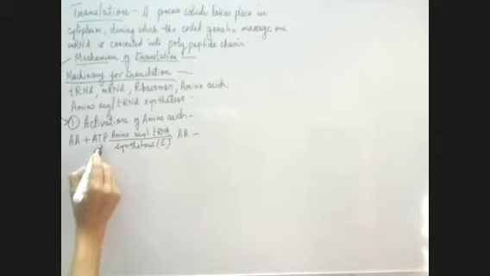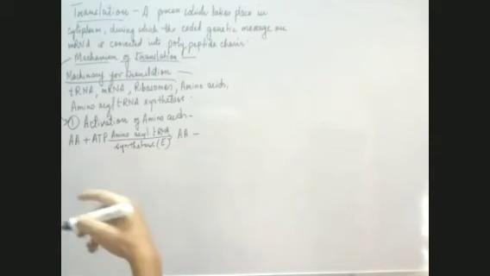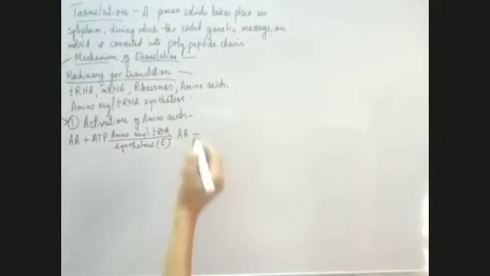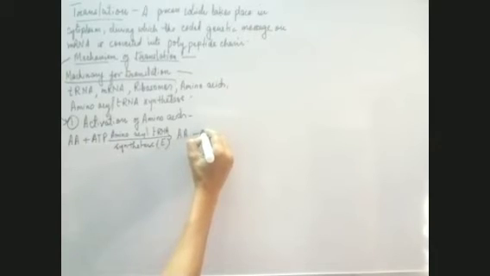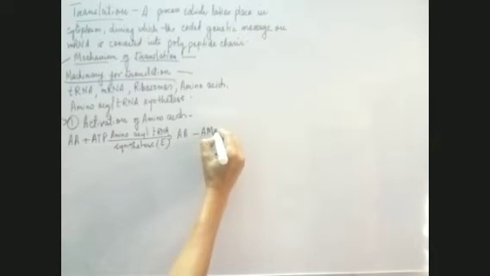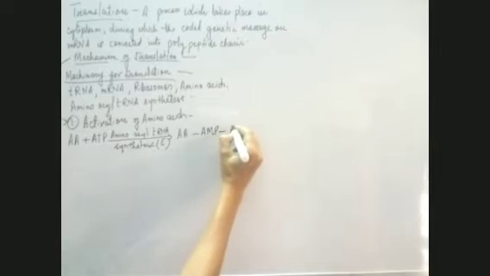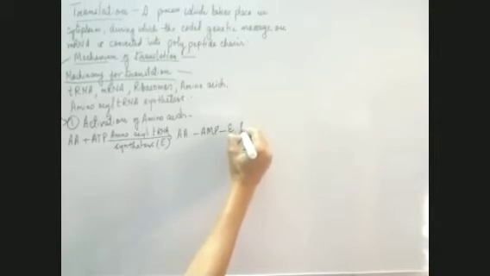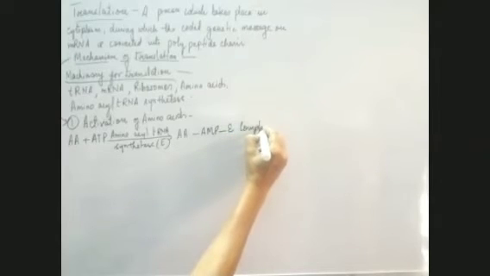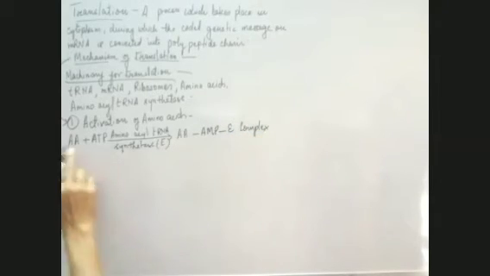Hydrolysis of ATP will take place, and ATP will break to form the monophosphate. So ATP gets converted into AMP with the release of energy, plus the enzyme also combines with it. We get this complex when the amino acid reacts with ATP in the presence of the enzyme: amino acid AMP enzyme complex.